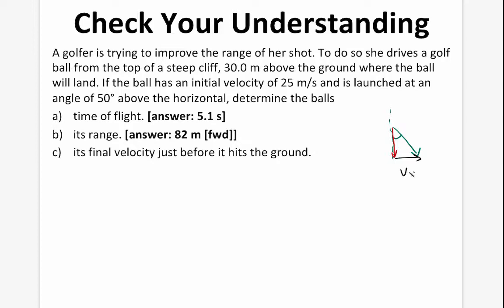The Vx, that's the horizontal, that's the one that never changes, right? That's going to be 25 cos 50. But we're going to need to find the V final Y. That's unknown. At the top of the flight, because remember, we're starting from the top, since we're looking at the vertical component only, all we're really concerned about is that max height down to there.